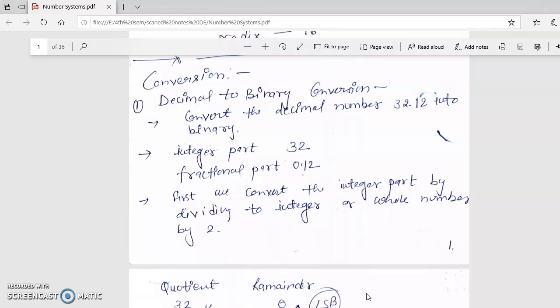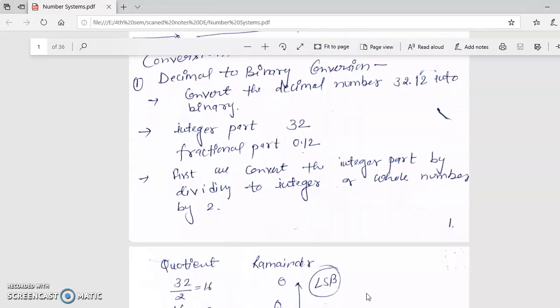For decimal to binary conversion, take any decimal number, for example 32.12. It has two parts: the integral part is 32 and the fractional part is 0.12.